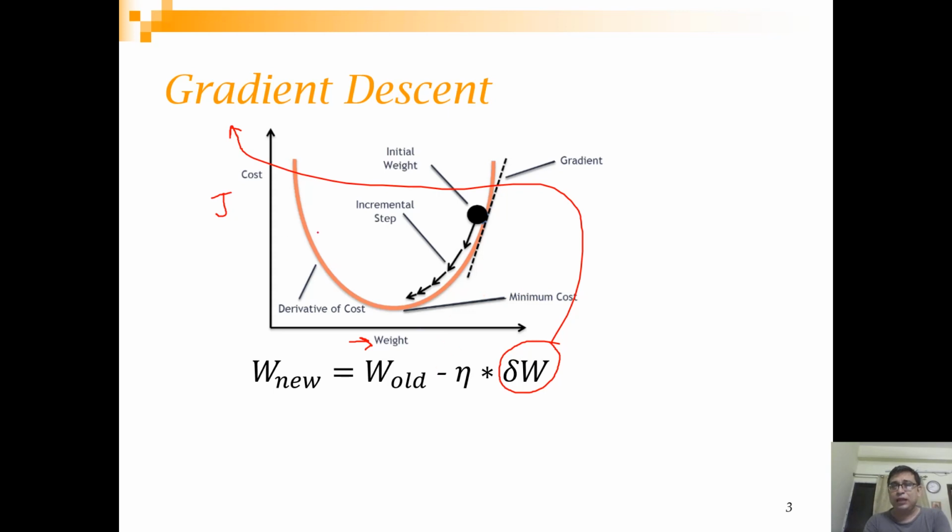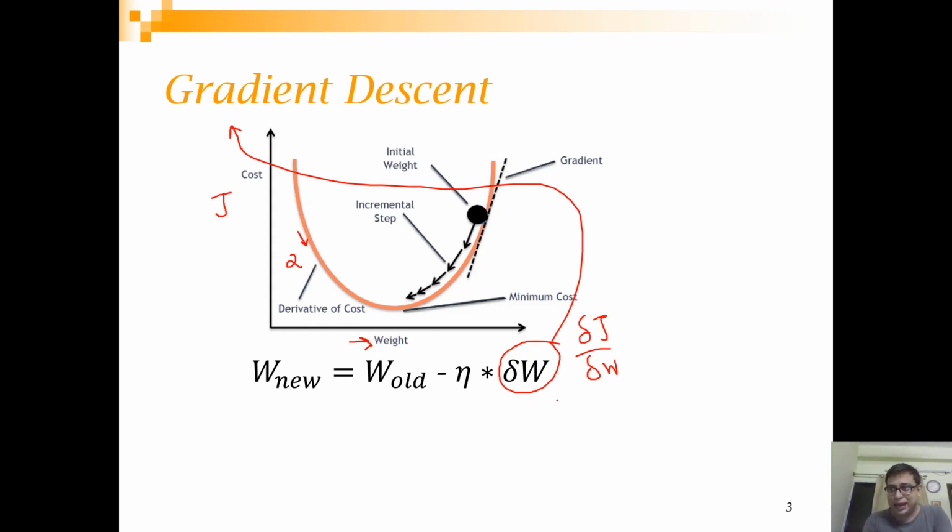If you are somewhere here, maybe you have a weight value of 2. If you calculate here, what you see is that if you increase your weight a little bit, J actually goes down if you follow this curve. Let me write the expanded form. del w is the shortened form which represents del J by del w, and you see that as you nudge w up a little bit, J goes down.